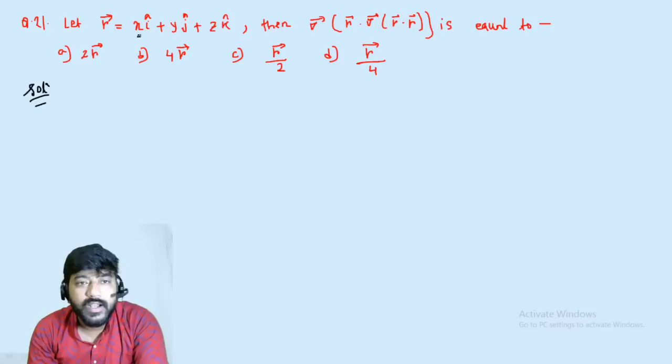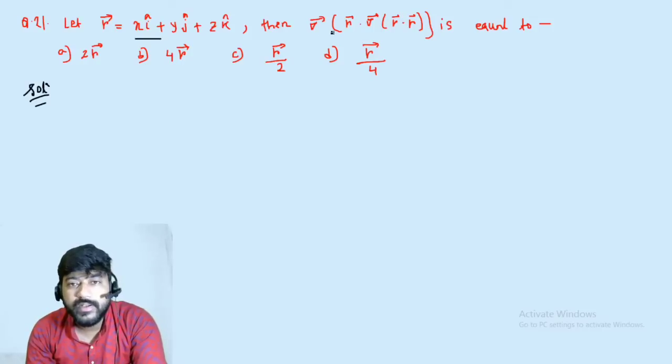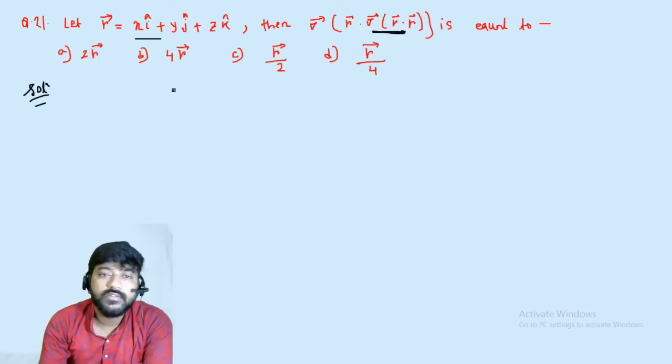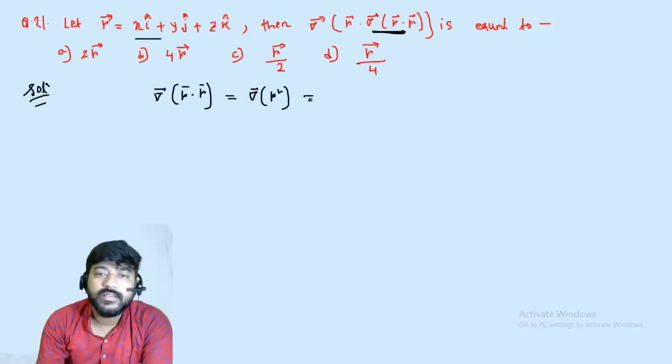So the next question, R is given and we have to find out gradient of R dot R. So let me find out first gradient of R dot R. Gradient of R dot R means just gradient of R square, and that means summation i del x R square, and that will be what?